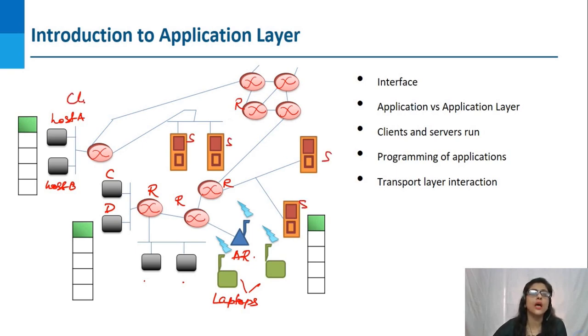Basically, these hosts are the clients which make requests to the servers to fetch the web documents. Now you can see here at the client side, we have the application layer, transport layer, network layer, data link layer, and the physical layer. For each of the hosts, we can see application, transport, network, data link, and physical.